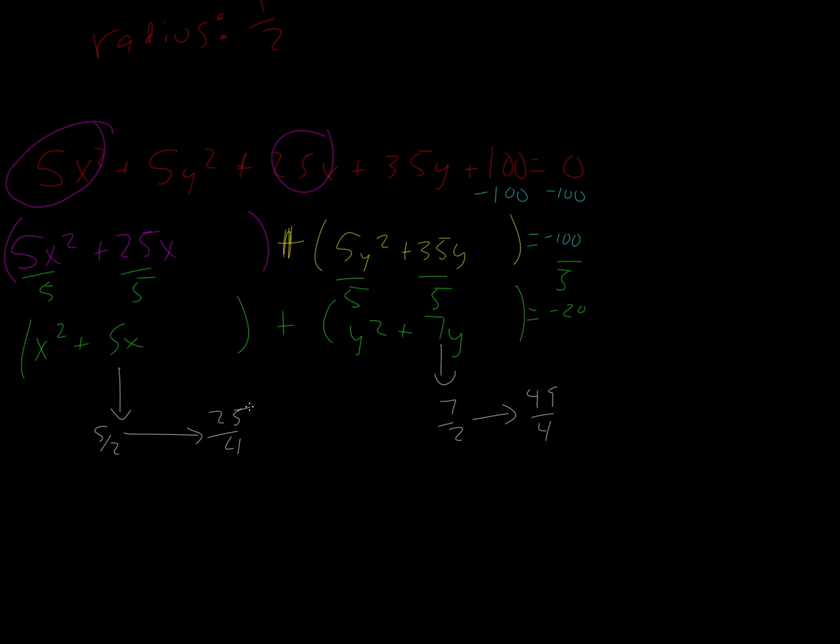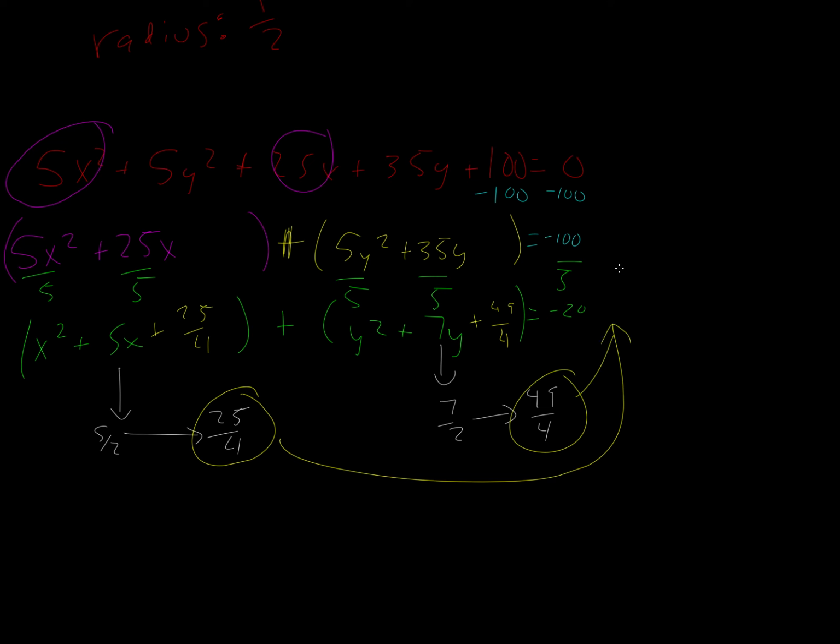Okay, so we need to add this to both sides. So I'm going to add it right here, 25 fourths. I'm going to add this one right here, 49 fourths. And then I'm also going to add both of them over here. So plus 25 fourths plus 49 fourths.